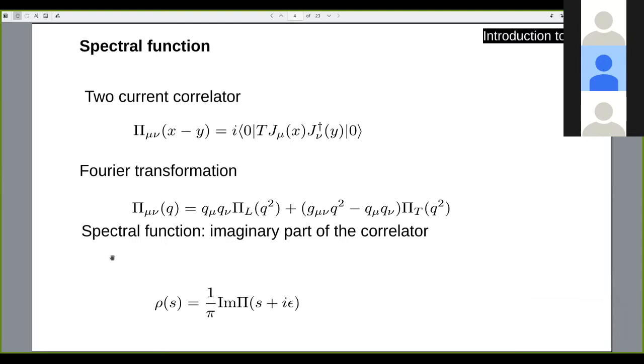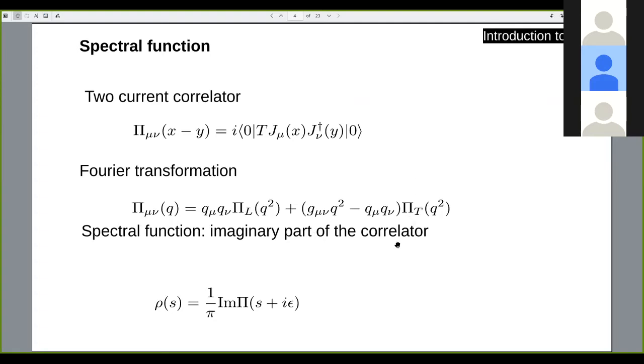For example, if we start with a correlator of two vector currents, after Fourier transformation we obtain this decomposition of the form factor into a longitudinal part and a transverse part.